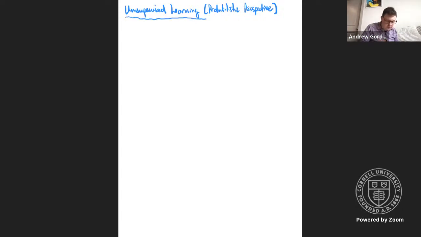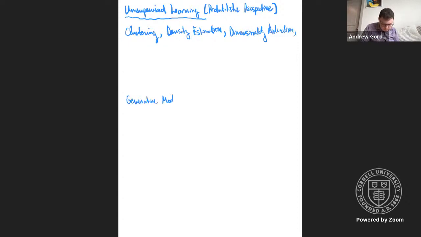These include clustering, which we'll talk about mostly today, density estimation, dimensionality reduction, and generative modeling. So examples of clustering would be k-means, which we'll introduce shortly. There's hierarchical clustering methods like agglomerative clustering.